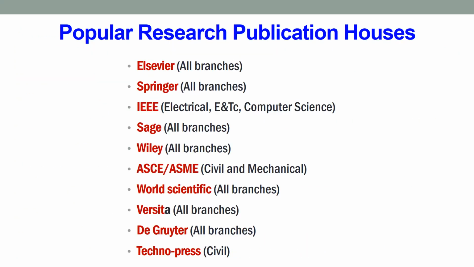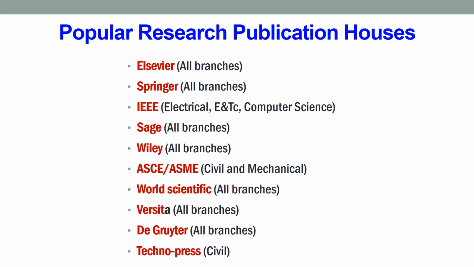At the end, I would like to highlight a few popular publication houses which are publishing research papers in almost all areas of science and technology, professional as well as non-professional courses. So very popular is Elsevier, which is available for all branches of science and technology. Even other than science and technology, non-professional courses also, they are publishing journals.